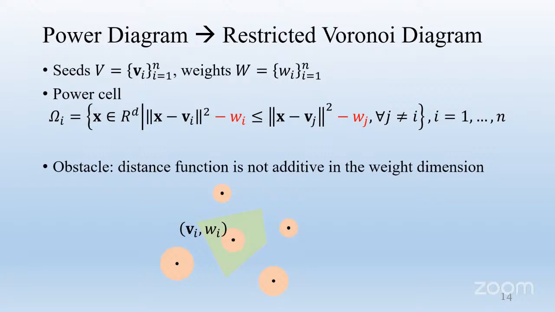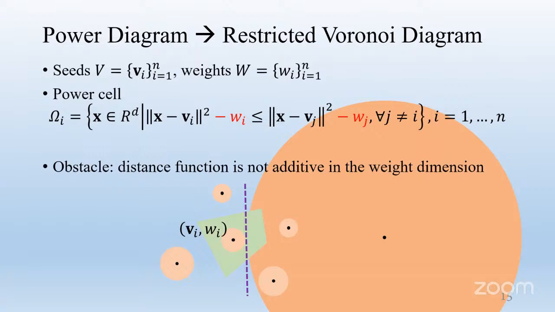For example, the green cell of seed vi may be determined by its nearest 4 seeds. However, if there is another seed whose weight is large enough, it will affect the cell of vi, even if the seed and vi are far away from each other.